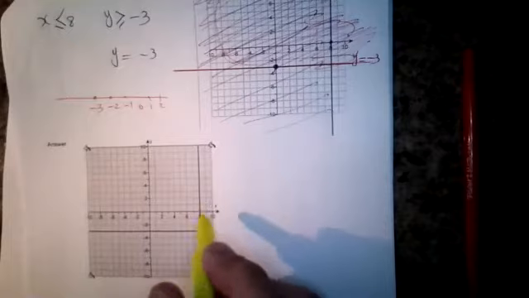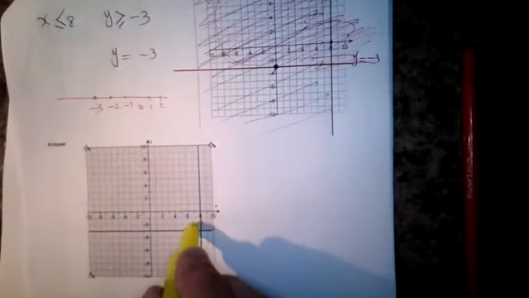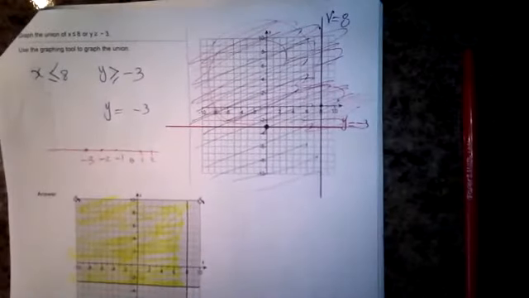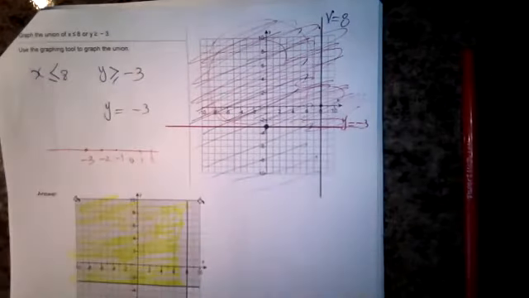So all the answers fall here. So when you overlap to find a common area, that's the answer. That's how to graph inequalities. This is a combination of two inequalities or two lines.